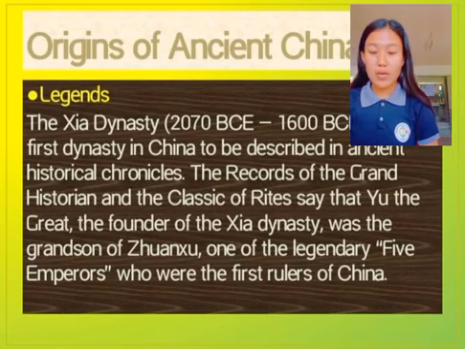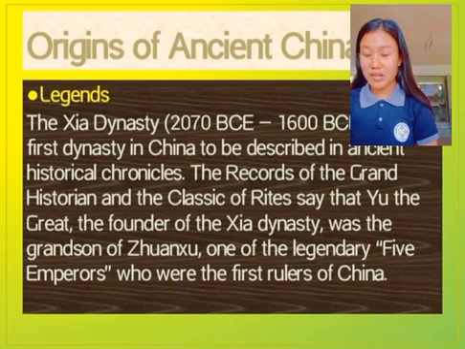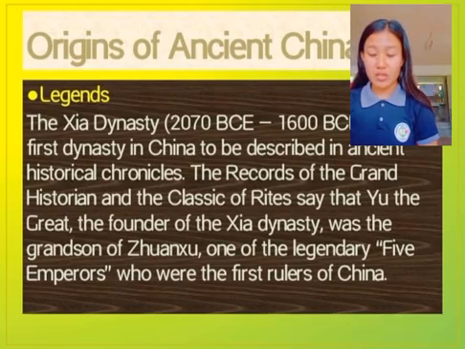The Yellow Emperor, also known as Huang Di, supposedly ruled for 100 years, from 2697 to 2597 BCE. He is considered the originator of Chinese civilization.